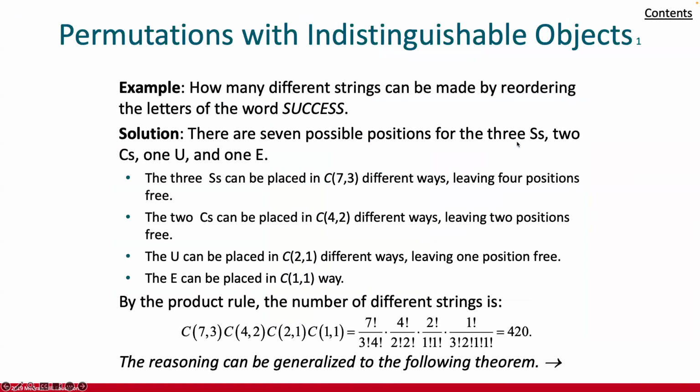So we have some examples. I mentioned this: how many different strings can be made by reordering the letters of the word SUCCESS? This gives you how we would come up with a solution, and we come up with a value of 420. It can be generalized into the following theorem.